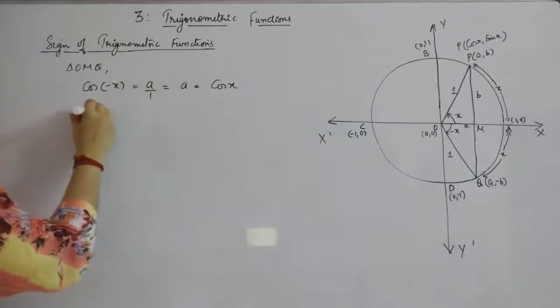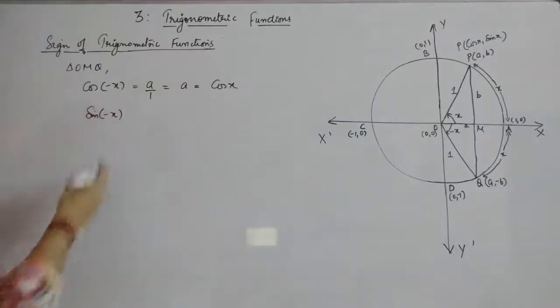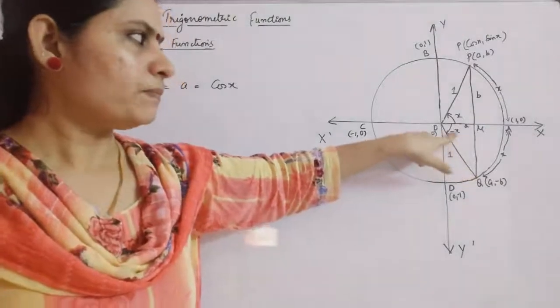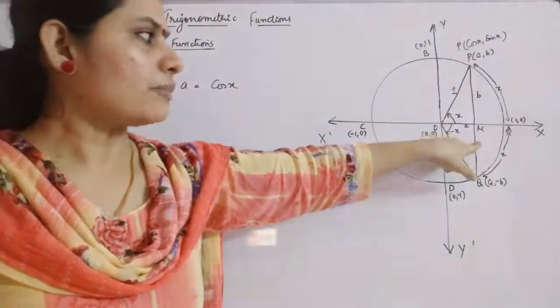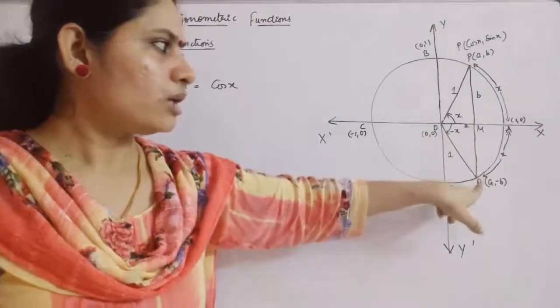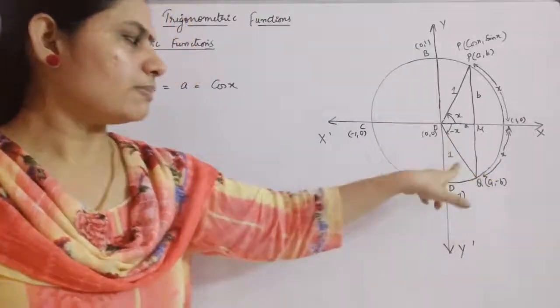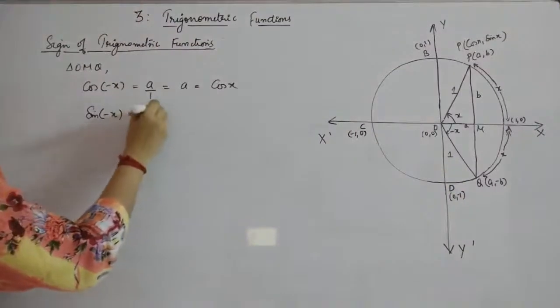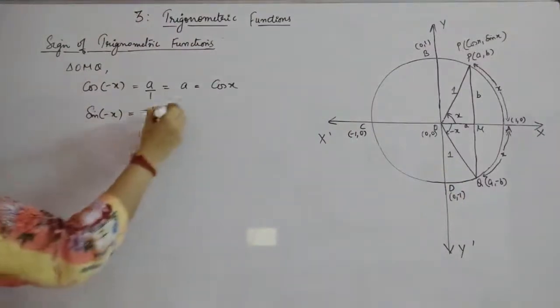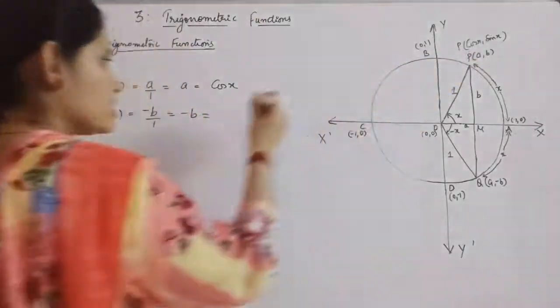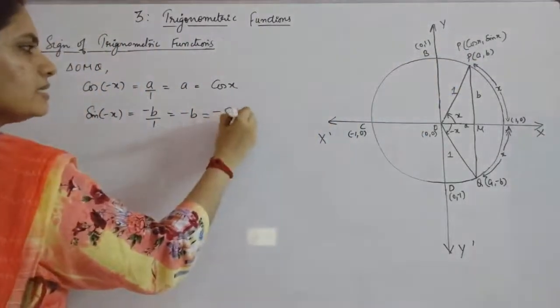Now we consider sine of minus x. For the same triangle, sine of an angle is opposite side by hypotenuse. The opposite side is MQ, and its measurement is minus b, so minus b by 1, since the hypotenuse is 1. So you get minus b, and b is taken as sin x, so minus b is minus sin x.